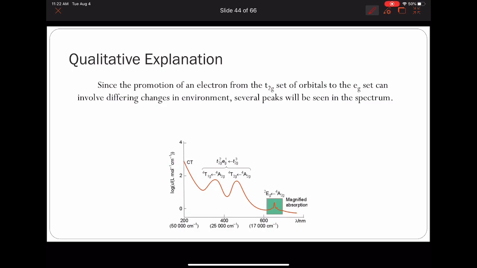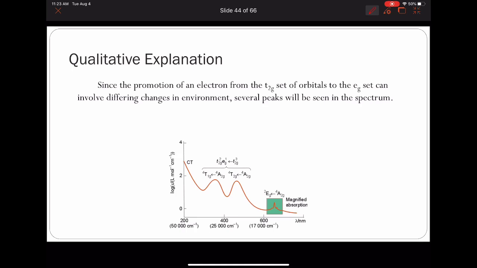Since that promotion of an electron from t2g to the eg star can involve multiple changes in environment, we're going to see several peaks or several bands within that system. Collectively, these are related to our electron configuration change of t2g3 to t2g2 eg1.